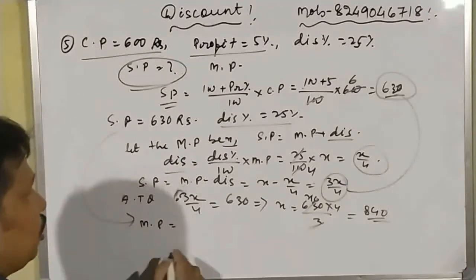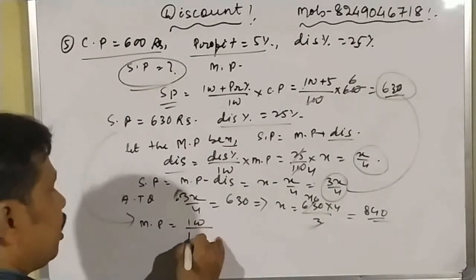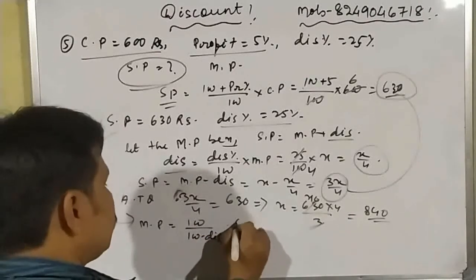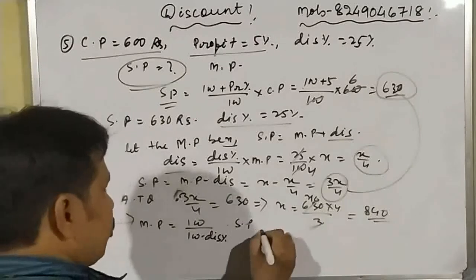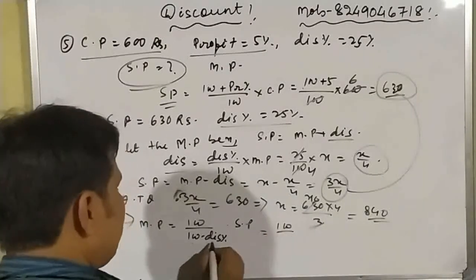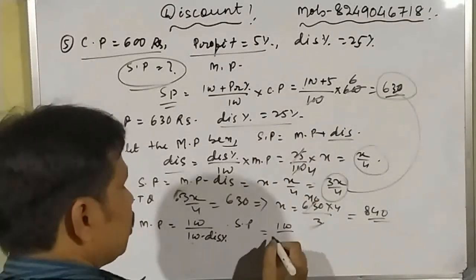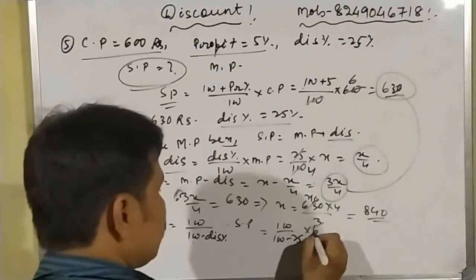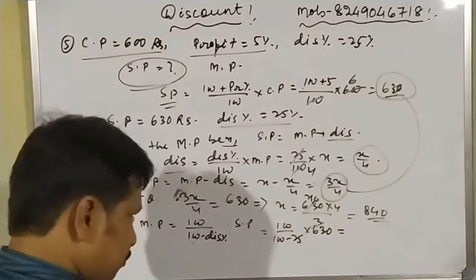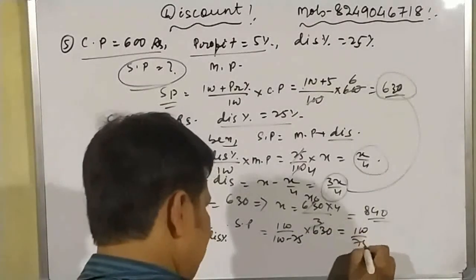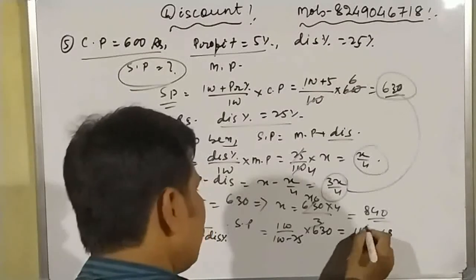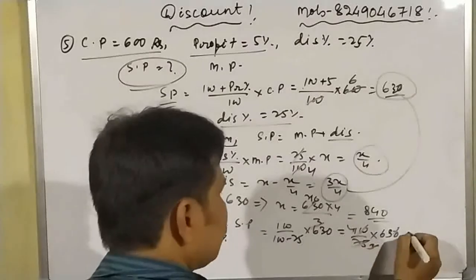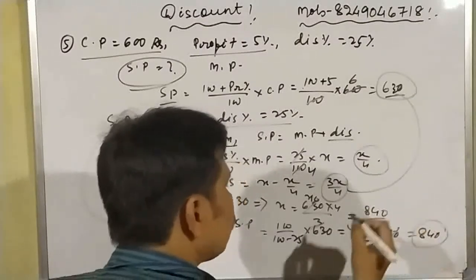Mark price is equal to 100 by 100 minus discount percentage into selling price, which is equal to 100 by 100 minus 25, the discount percentage given is 25%, into the selling price, which is 630. The result will be 100 by 75 into 630. When we cancel, this is 3, this is 4, and finally the answer you will get is 840. Okay, students.